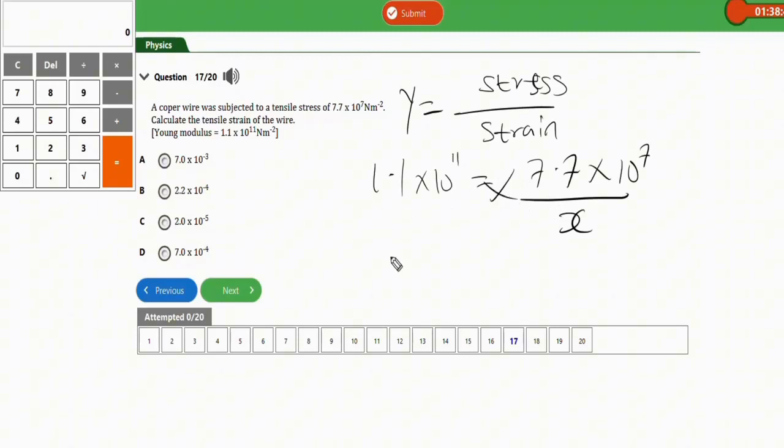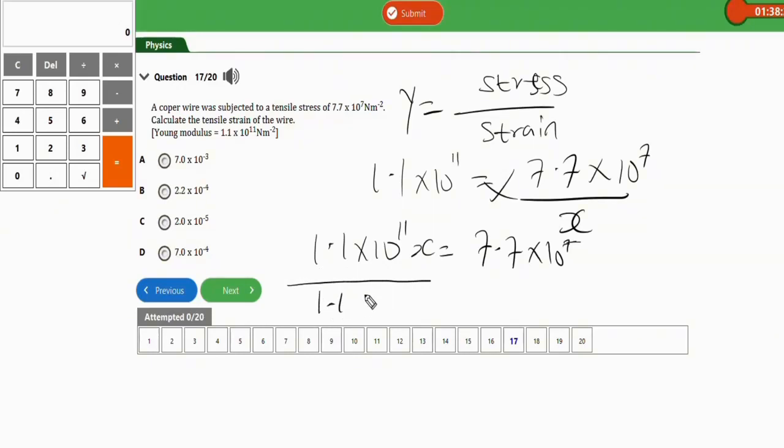When you cross multiply, we're going to have 1.1 times 10 to the power 11 x equals 7.7 times 10 to the power 7. So this is 7, guys. Make x the subject of the formula: divide both sides by 1.1 times 10 to the power 11. So this will cancel these.